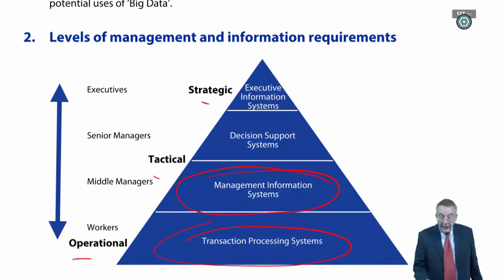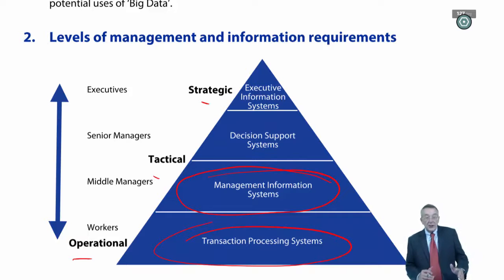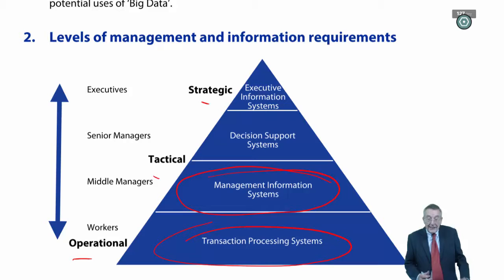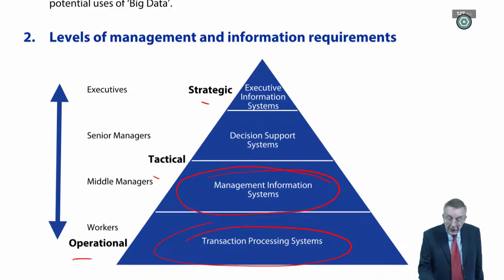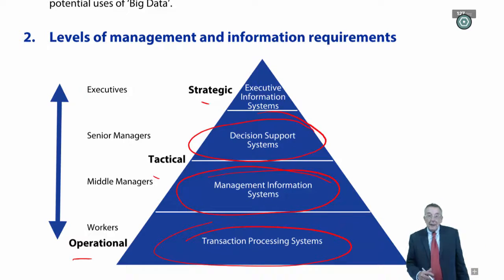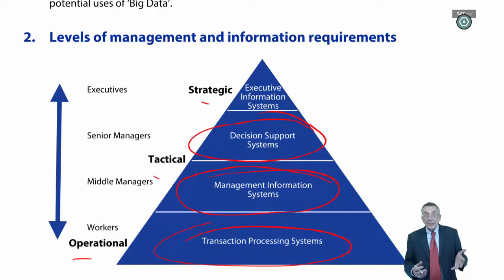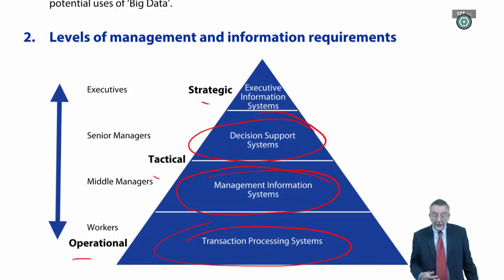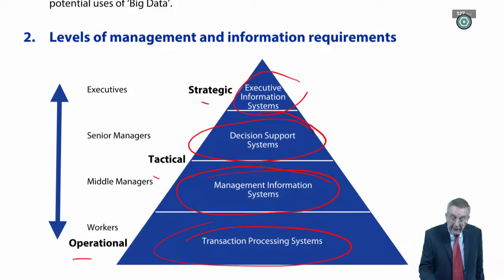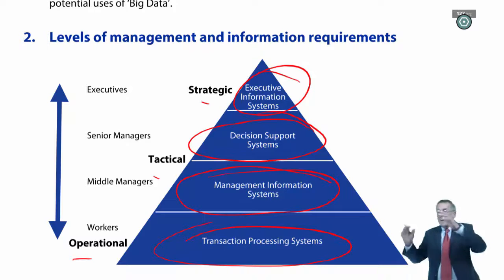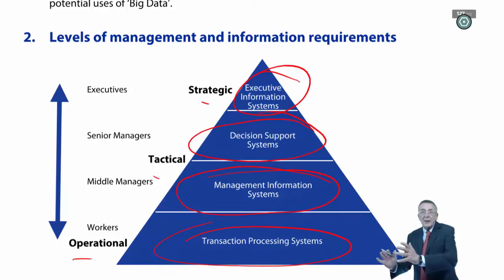We've already said transaction processing at the operational level, management information systems at the tactical level. Decision support systems, tactical and strategic level, to be honest, helping you make decisions. And executive information systems are at the strategic level, where we've got a particular one-off decision to make.